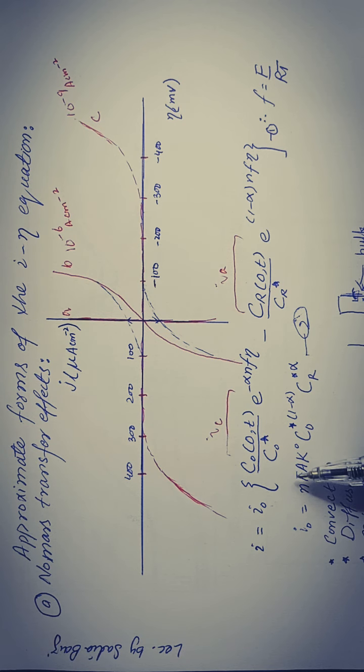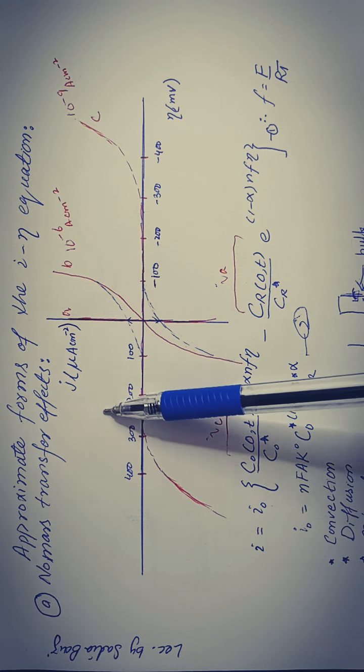So this equation is giving the generalized form, showing the contribution of the cathodic and anodic components with respective concentrations of the oxidized and reduced species at the surface and the bulk of the electrochemical cell. So now let's discuss the first approximate form, that is no mass transfer effect.